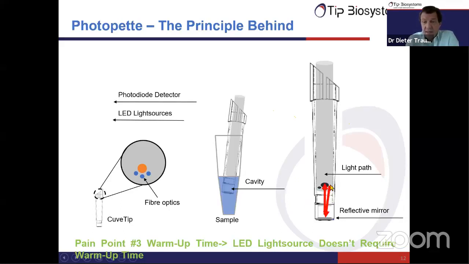So this is the light. The light comes out of the fiber, passes through the liquid, and at the end of the tip there's actually a mirror coated from aluminium, and this mirror is reflecting the light back to the same sample to reach the big fiber and then to reach the detector.